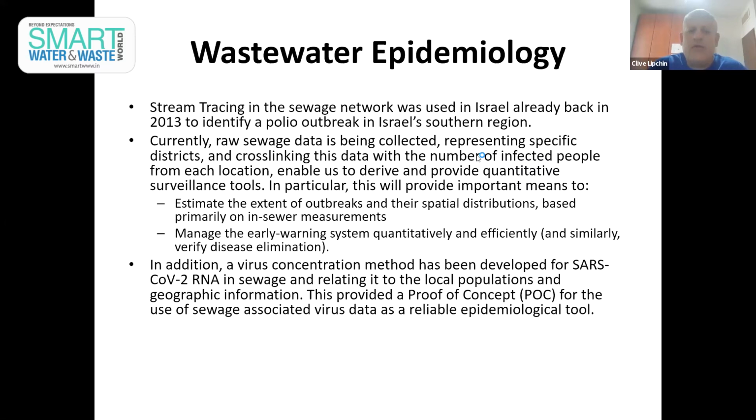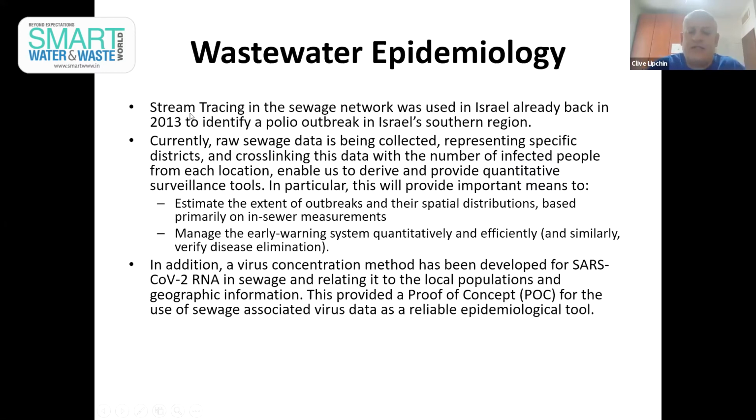So currently, raw sewage data is being collected for our COVID-19 study. This data is representing specific districts, as I'll show you in a second. We then cross-link this data with the number of infected people from each location. We get that information from the Ministry of Health.